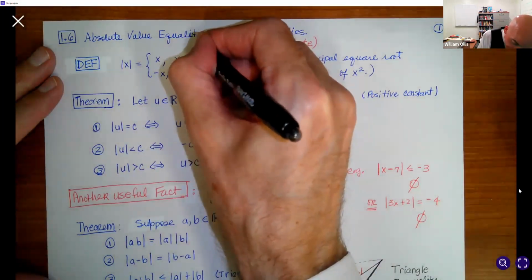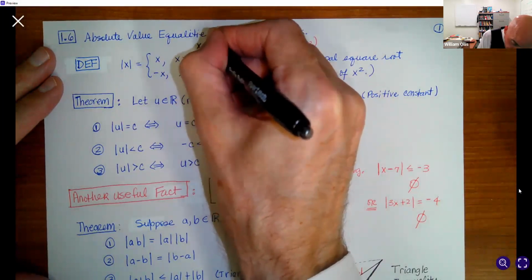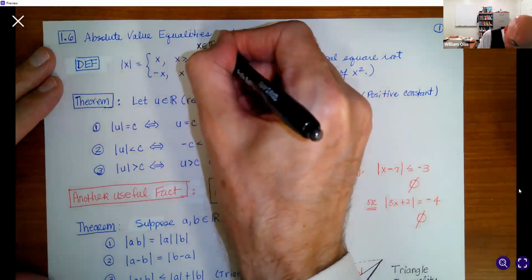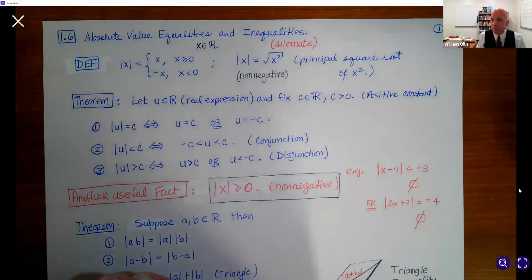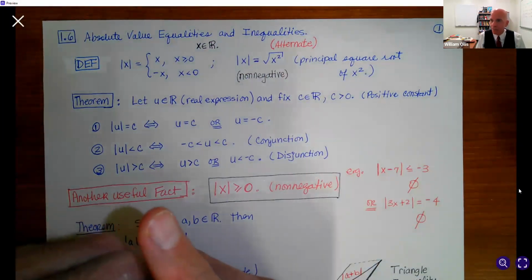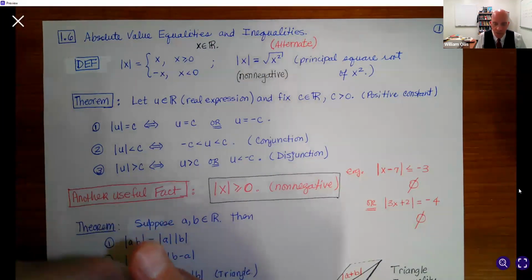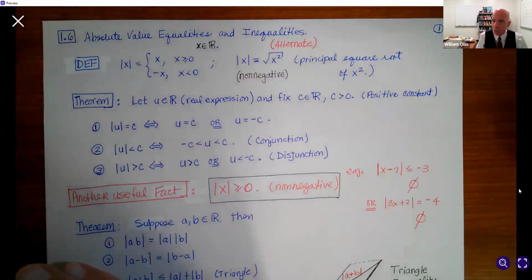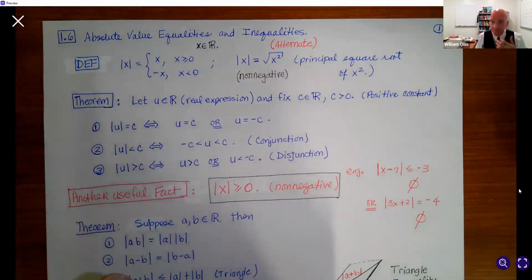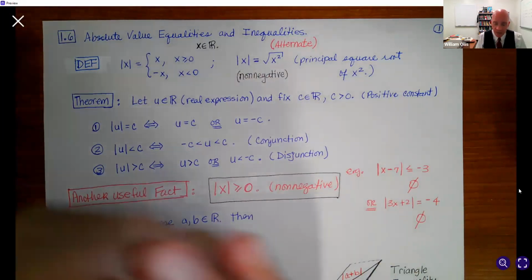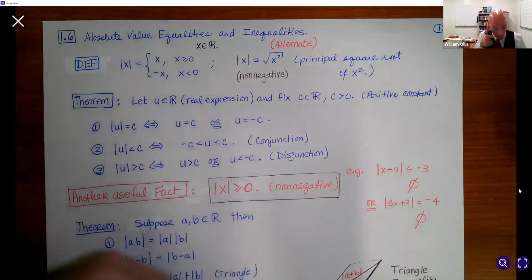So I can say X is an element of R. Now, of course, this also works with imaginary units and complex variable expressions, but we're going to just focus on real expressions here. So if you ever continue into other courses, the absolute value will follow you.